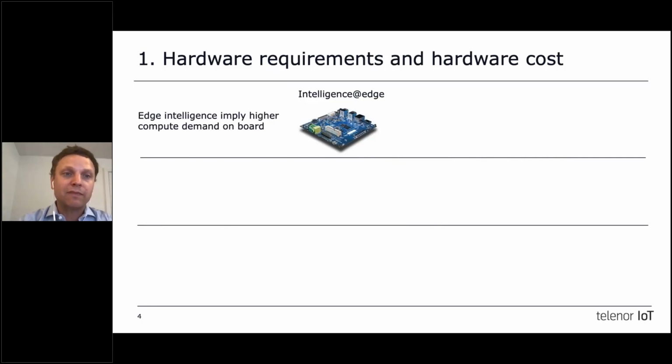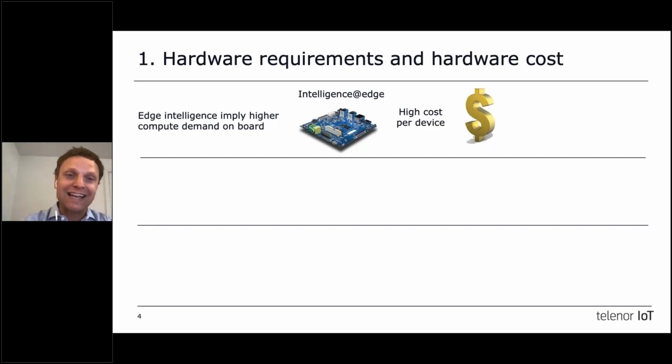When you look at intelligence at the edge, it implies that you have onboard compute in the device that is quite capable of doing intelligence. It can take some decisions on its own, or if it's very intelligent, it can take a lot of decisions. But having intelligence at the edge means you have more compute capacity, more data storage, more sensors, and more cooling problems that you need to solve.